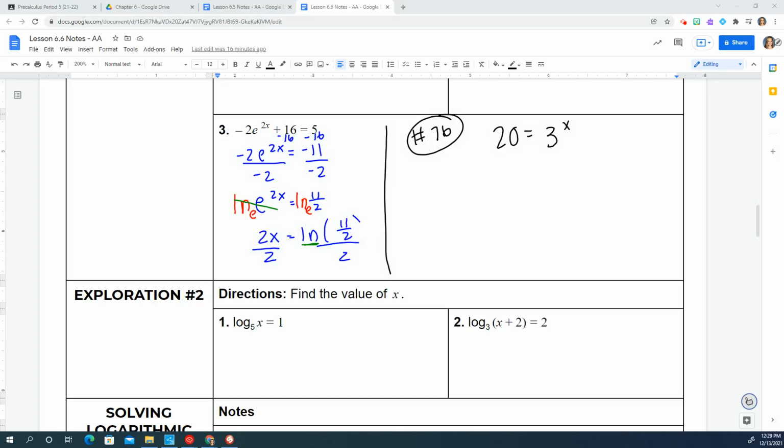Okay, so think of how you would solve this. You would take the log base what of both sides? 3. Good. Log base 3 of both sides, because that would get rid of that. All right, I'm just going to move it over here.